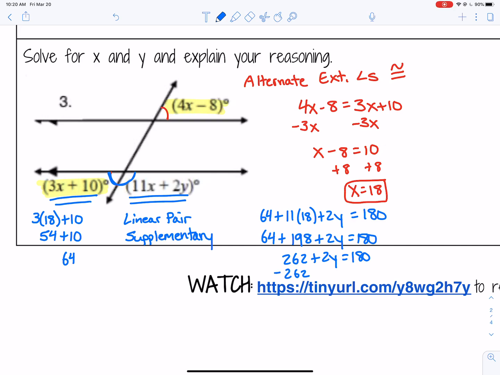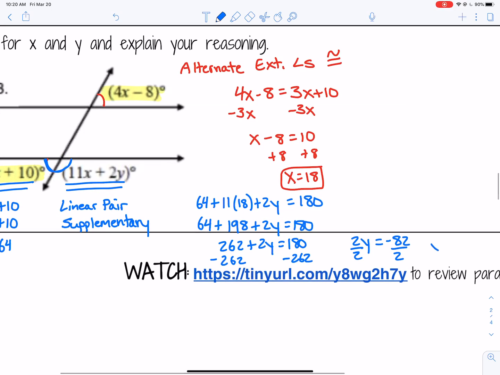Then we can just subtract 262 from 180. So we get 2y is equal to negative 82, and we just have to divide by 2. And so we end up with y equals negative 41, and we have x equals 18.